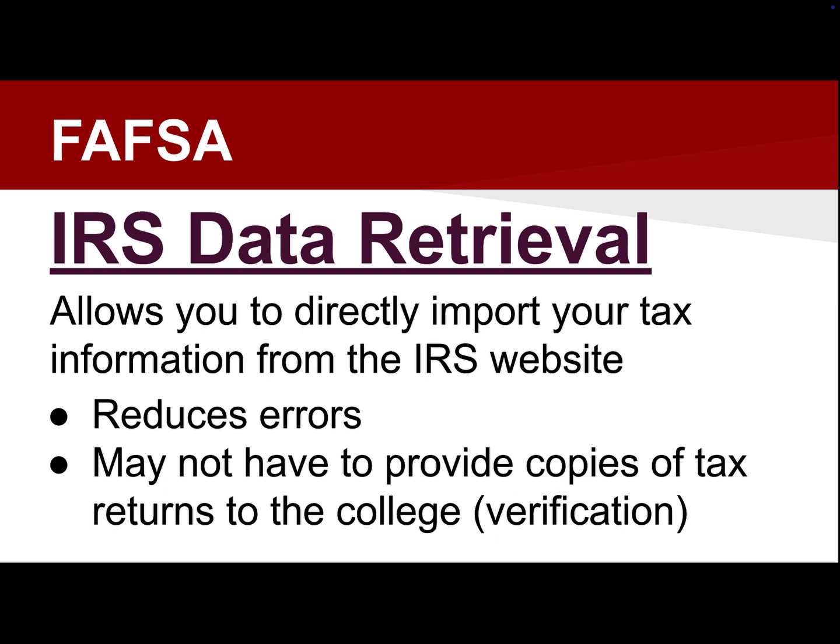You click a button, it links to your parents' IRS tax return, or your tax return if you submit a tax return, and then it will pull that information automatically into your FAFSA. It will reduce the chances of you being selected for something called verification, which is a process that they use to spot check your FAFSA form.